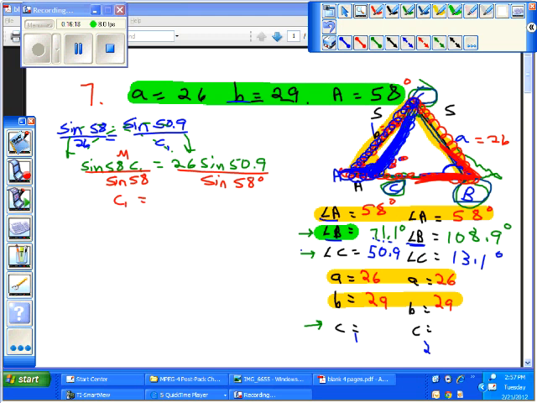And we're going to get that the first choice of little c is 26 sine 50.9 divided by sine 58, and we're going to get 23.9 for our first choice of little c. Okay? 23.9 for our first choice for little c.